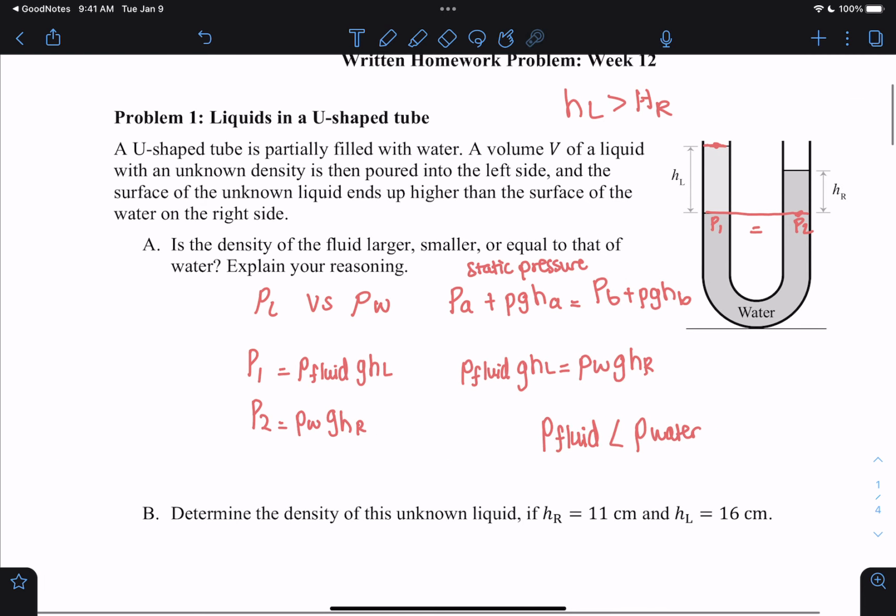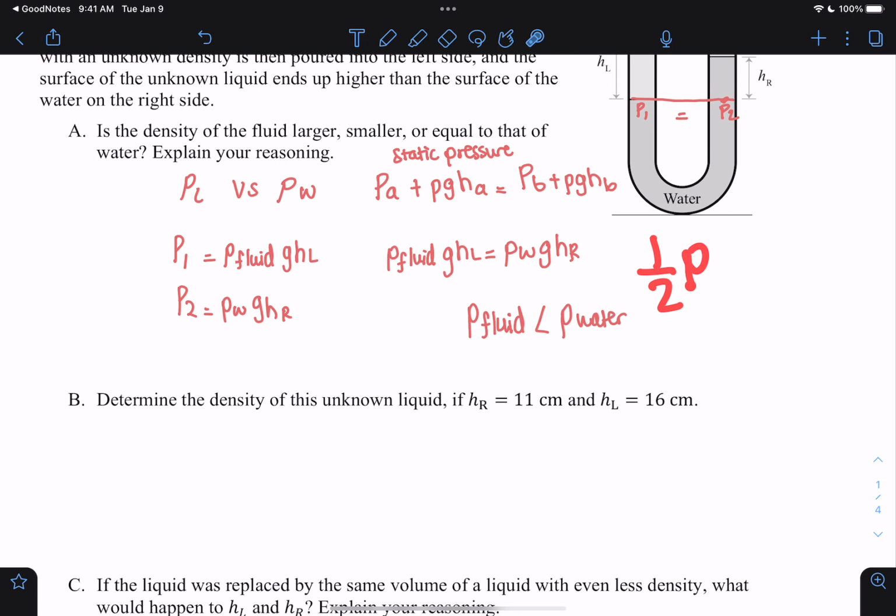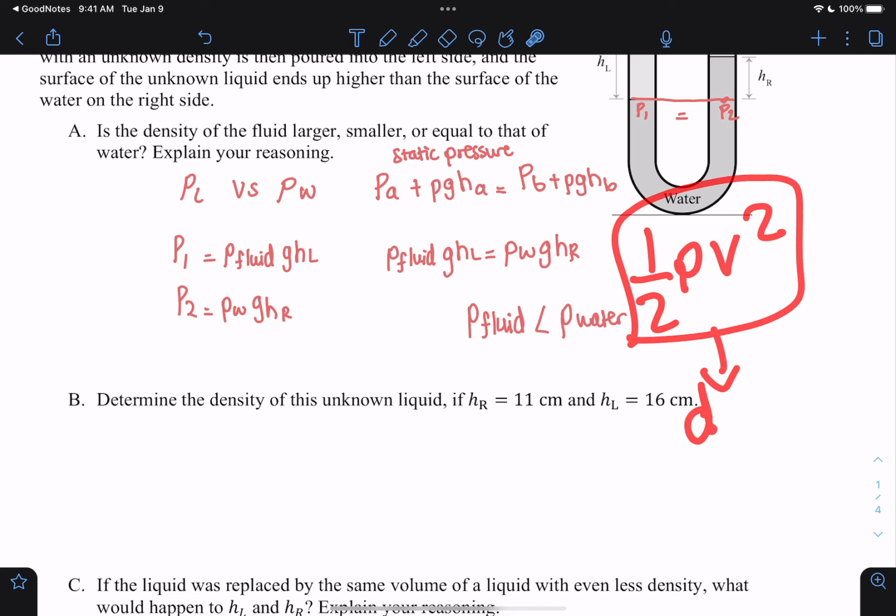Once you go to Bernoulli's equation and add that other component, which is half times your density times your speed squared, that component alone, the half density times speed squared, we call dynamic pressure.